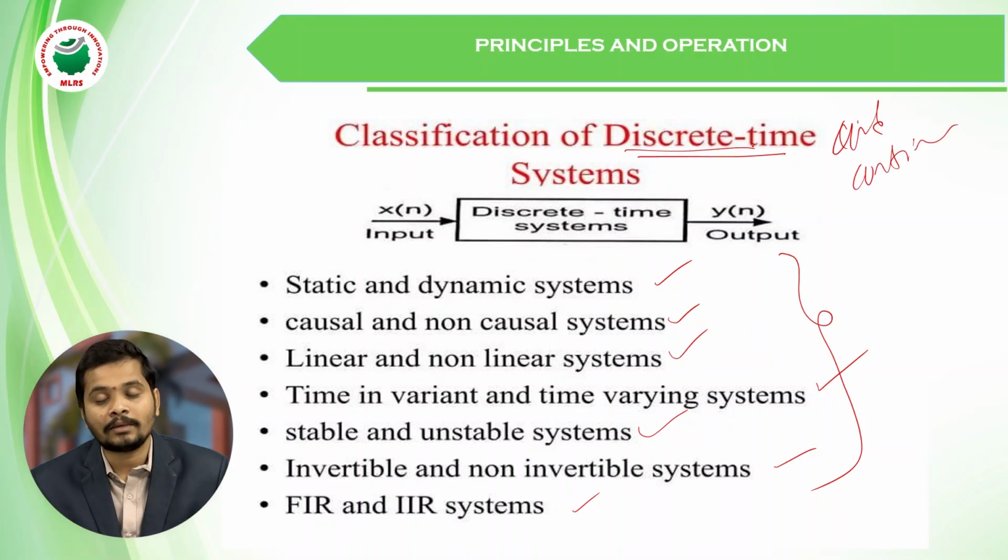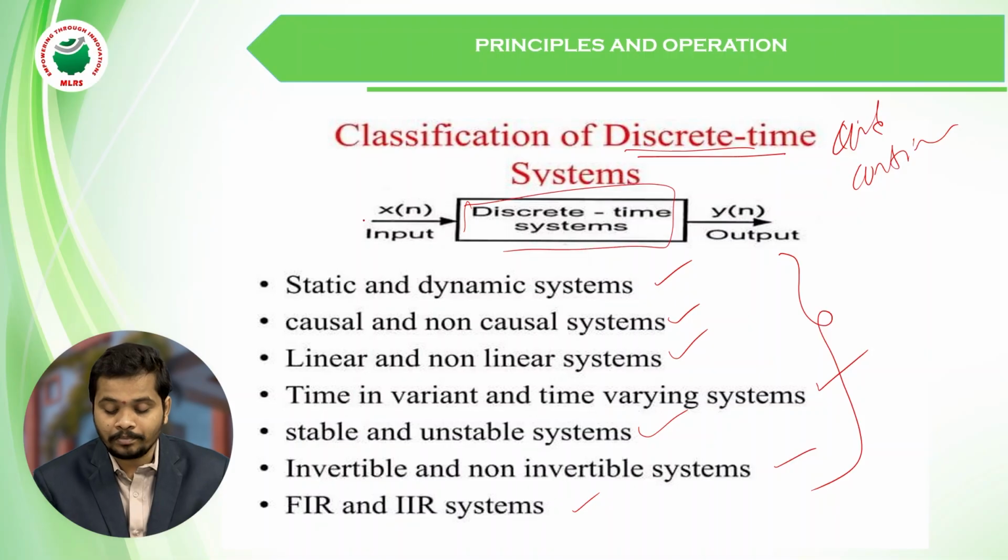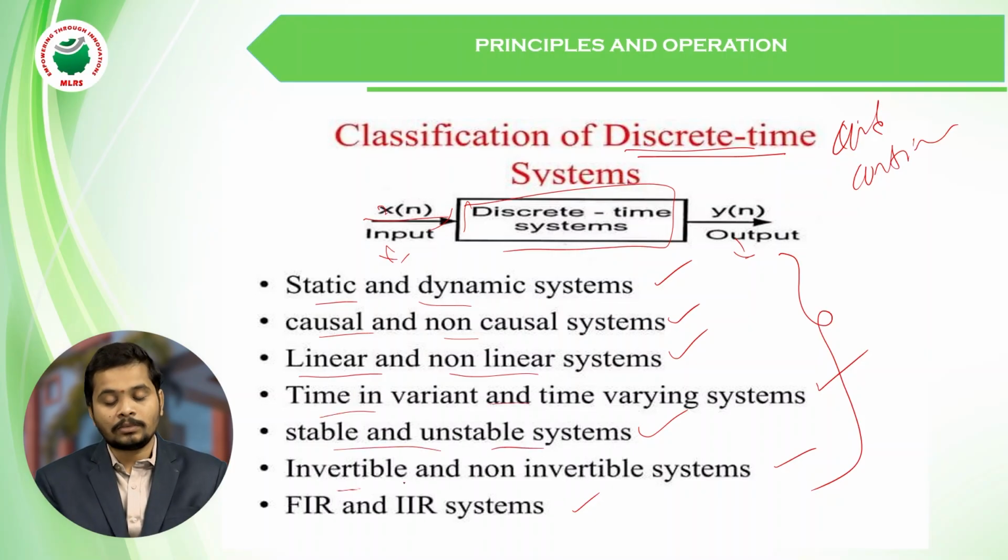Here, this is a discrete time system with an input x[n] producing an output y[n]. Depending on the type of input, the output will be produced. And the systems have different types: static and dynamic, causal and non-causal, linear and non-linear, time invariant and time variant, stable and unstable, invertible and non-invertible, FIR and IIR. What is FIR and IIR?